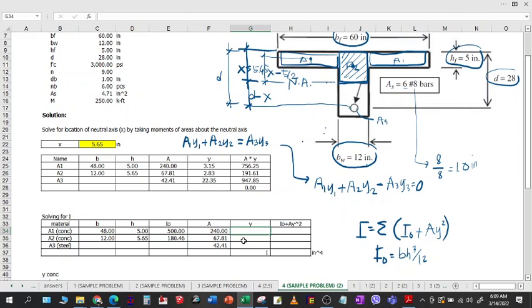And for the Y, we were able to solve this one already here. So let's just refer to this table above. And then for the IO, that will be this value here plus A times Y quantity, or caret, then squared.